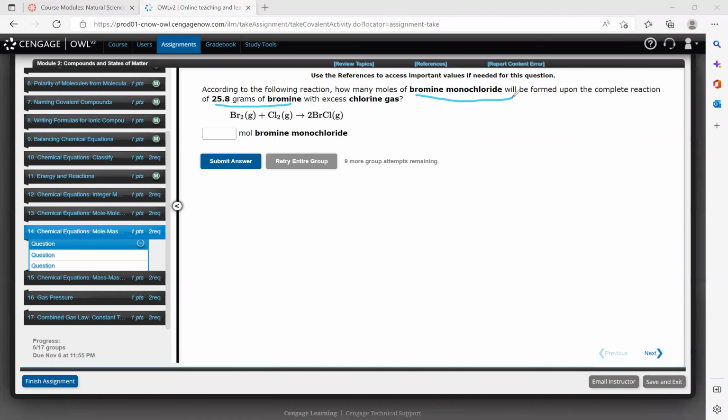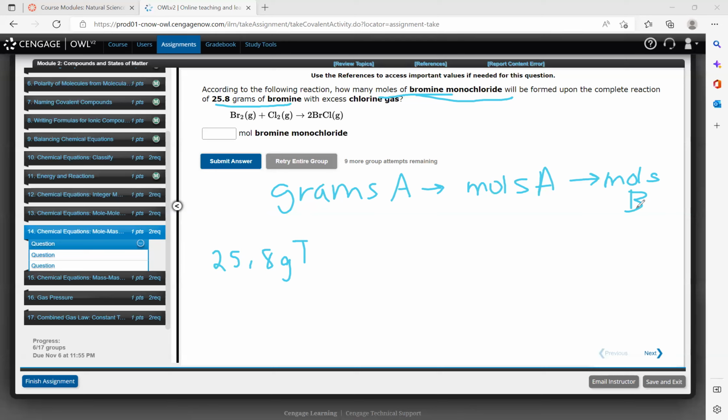So this is the stoichiometry problem where we're going to have to go from grams of A to moles of A to moles of B. And that's as far as it wants us to go, because it wants us to get the moles of this bromine monochloride. So we start off with 25.8 grams of bromine.